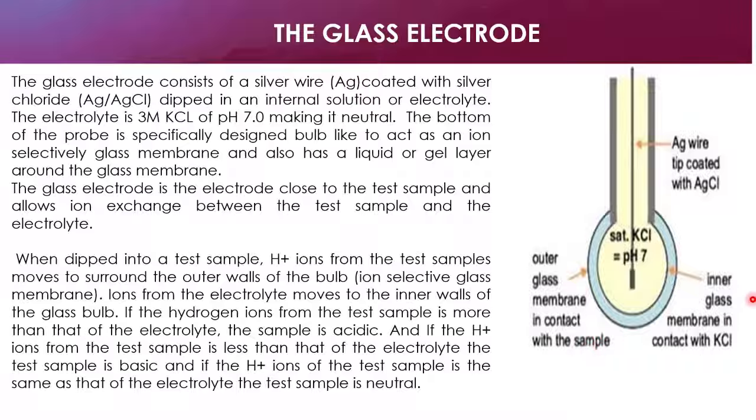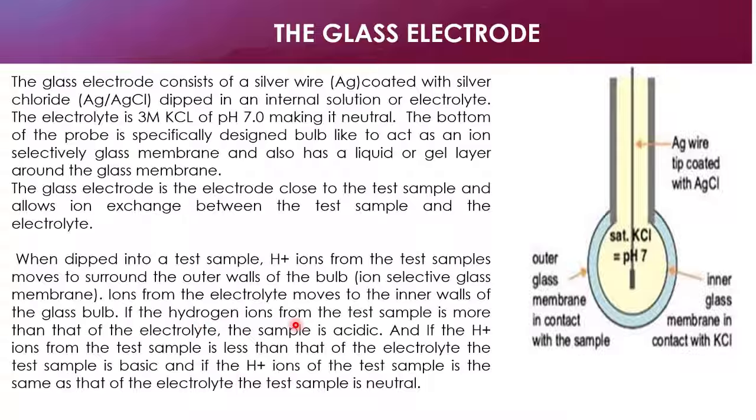And this is the inner glass membrane which is in contact with the electrolyte, which is the 3 molar potassium chloride of pH 7.0. So when dipped into a test sample, hydrogen ions from the test sample move to surround the outer walls of the bulb. Ions from the electrolyte move to the inner walls of the glass bulb.